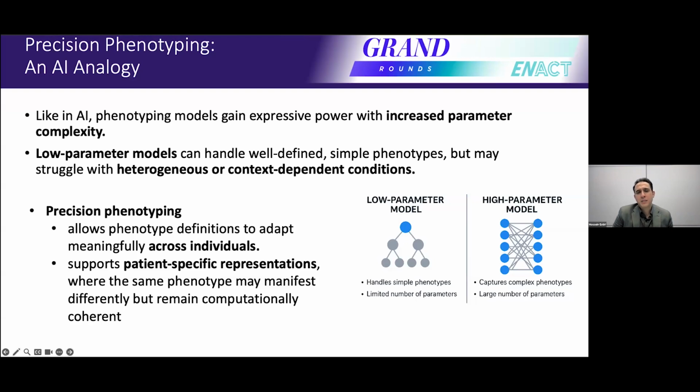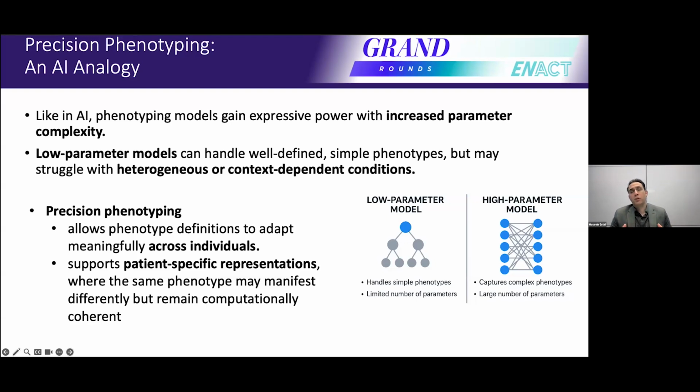The exact same principle basically applies here in clinical phenotyping. For simple, well-defined conditions, a low-parameter model might work just fine, a typical computed phenotype. But for more complex heterogeneous disease, we need possibly high parameter, but most importantly, adaptive models that can handle the full diversity of how disease actually looks in patients.